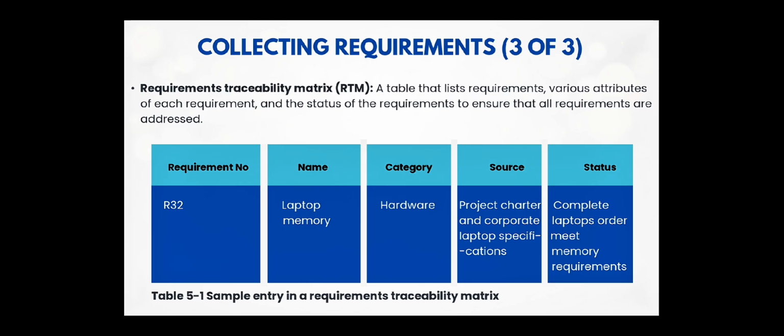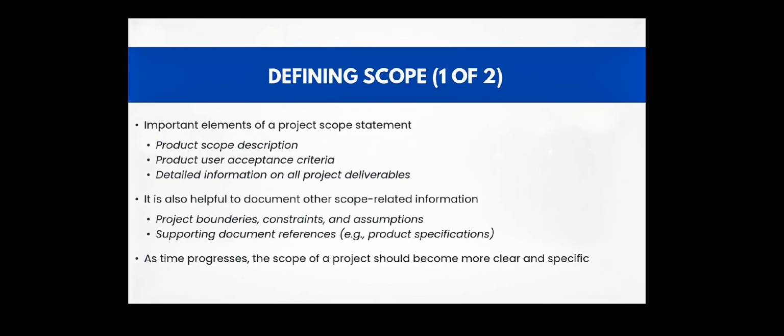The next step in project scope management is to provide a detailed definition of the work required for the project. Good scope definition is very important to project success because it helps improve the accuracy of time, cost, and resource estimates.